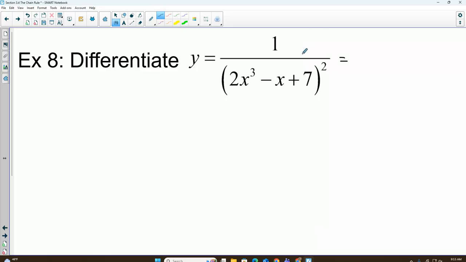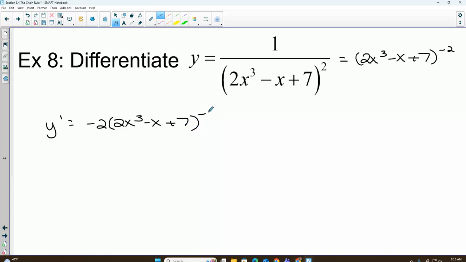Okay, and the last one, you could do quotient rule here. I'm guessing you probably don't want to. It would be easier to write this as 2x cubed minus x plus 7 to the -2 power. So then our derivative, the exponent comes down, inside stays the same. Subtract 1 from the power, so now it's -3, times derivative of the inside, 6x squared minus 1.